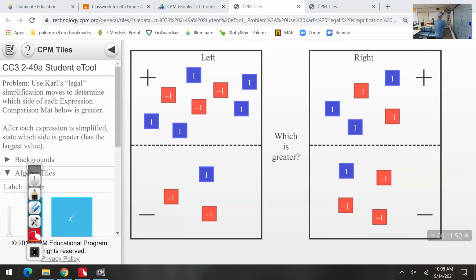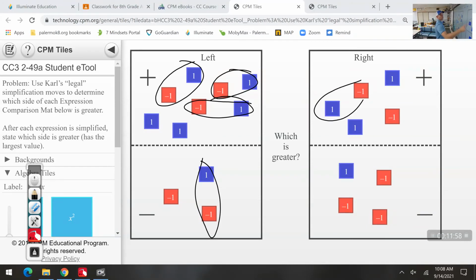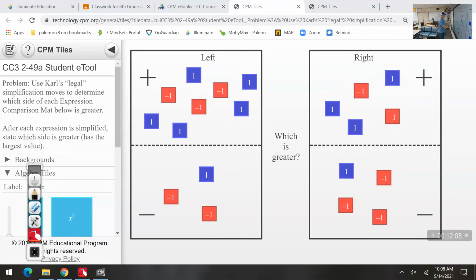So let's find 0 pairs. 0, 0, 0, 0. 0, 0, 0. Now, I found them. You remove them. You pause the video. You remove them. For the record, if you're trying to go faster, if you highlight, that was click and drag, it creates a rectangle.